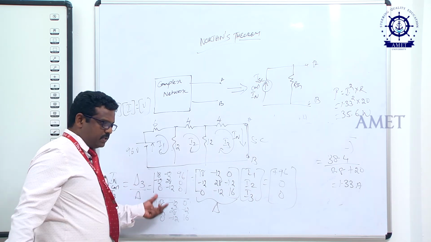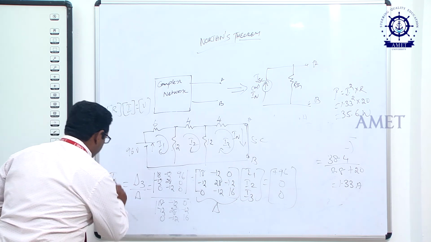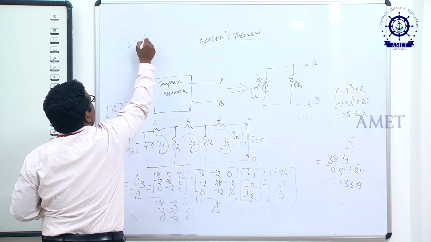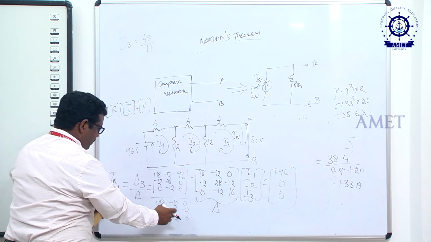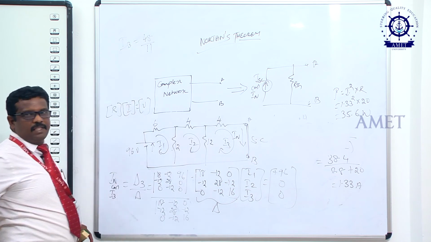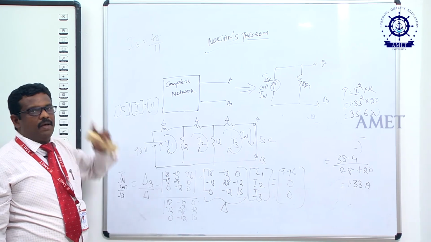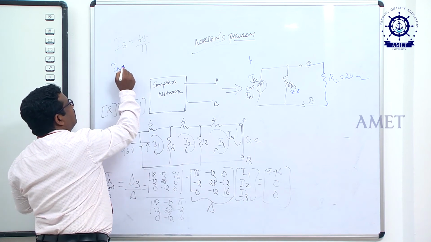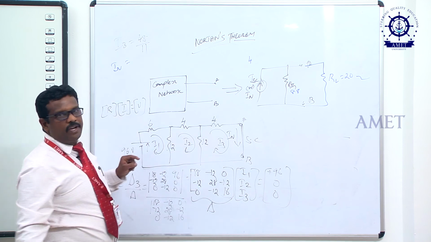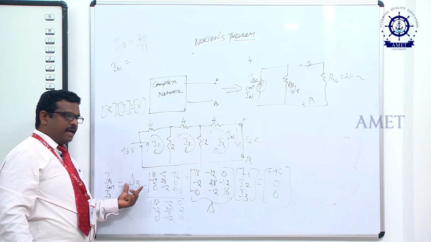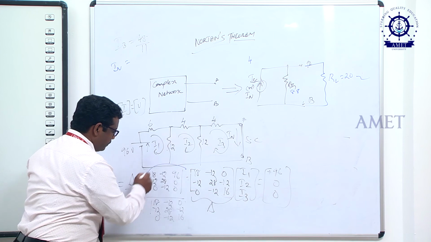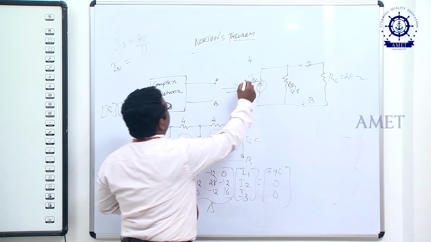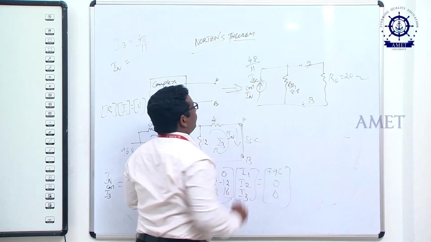If you find the value of this, it is 48 by 11. The determinant of this value gives I3 equal to delta 3 by delta, equal to 48 by 11. What is I3? I3 is nothing but the Norton's current or short circuit current, that is 48 by 11, right. Okay. This is nothing but 48 divided by 11.